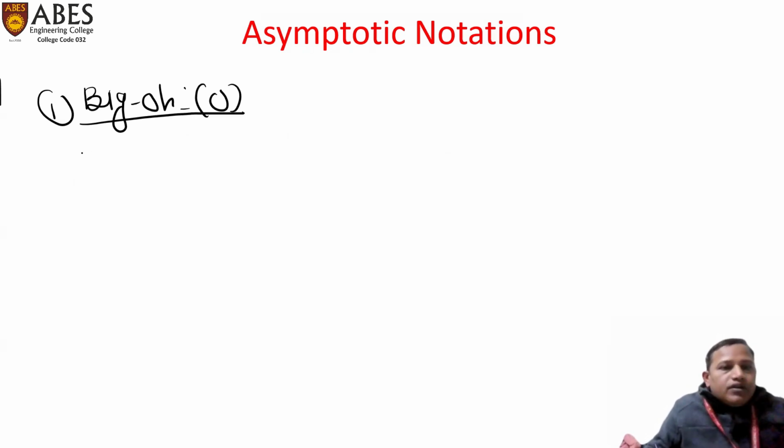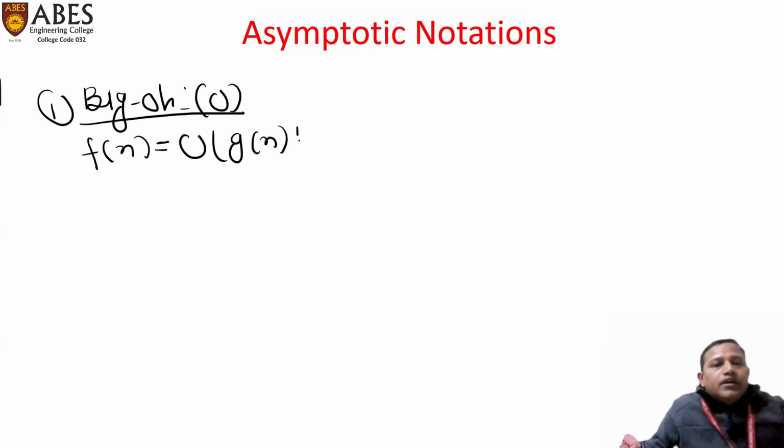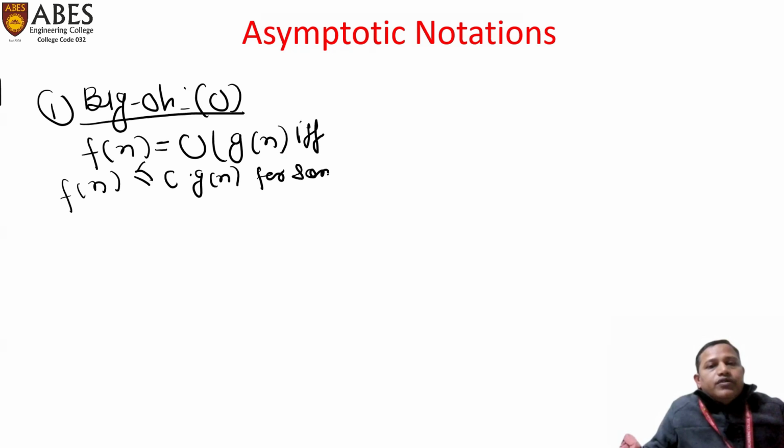Suppose we have a function f(n) is big O of g(n) if and only if f(n) is less than or equal to c into g(n) for some constant c and for all n greater than or equal to n0.